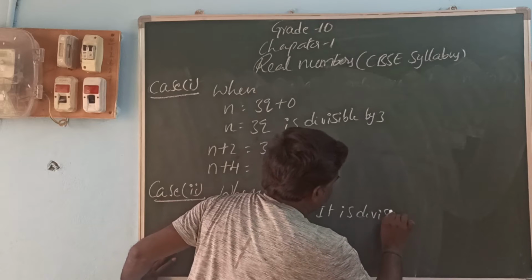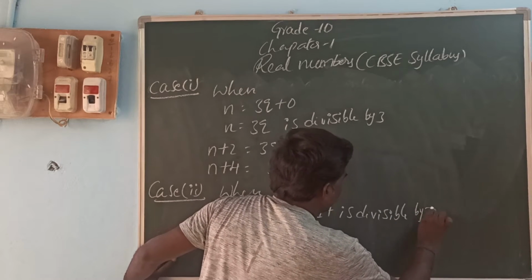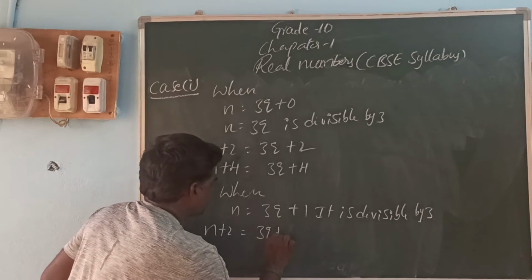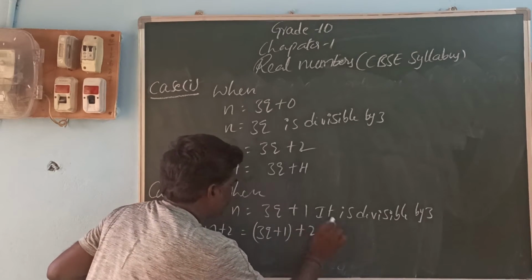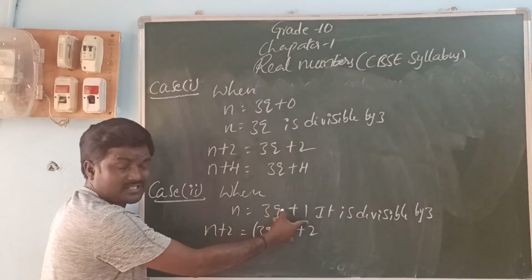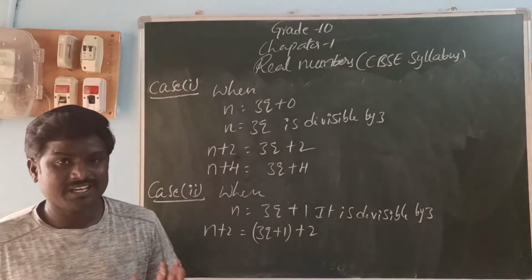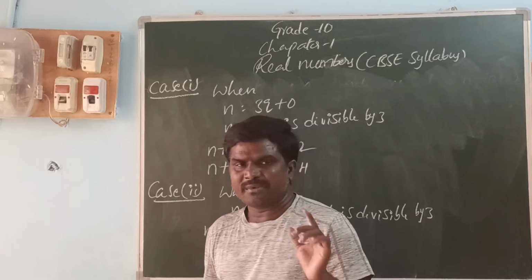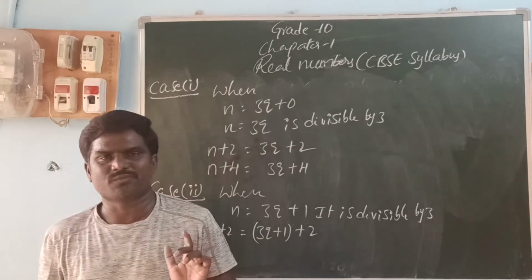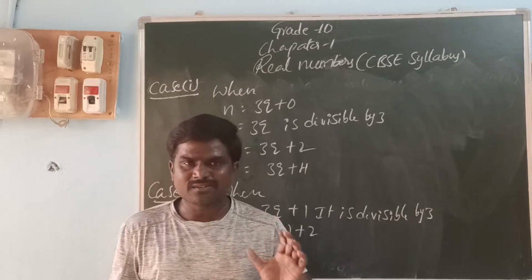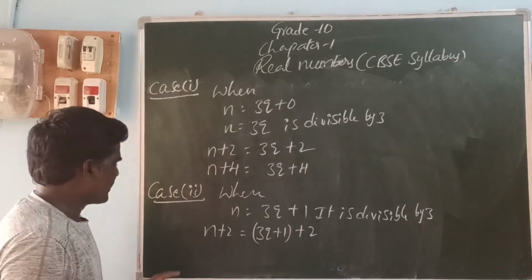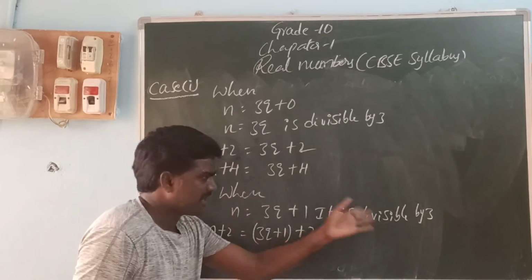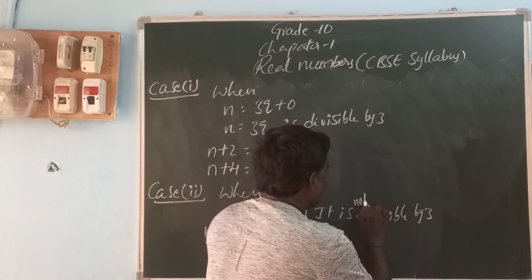Here, how many forms of n are there? Three. If remainder r is equal to 0, n is 3q. If remainder r is equal to 1, n is 3q plus 1. If remainder r is equal to 2, the n value is 3q plus 2. So here the n value is 3q plus 1, so this number is not divisible by 3.